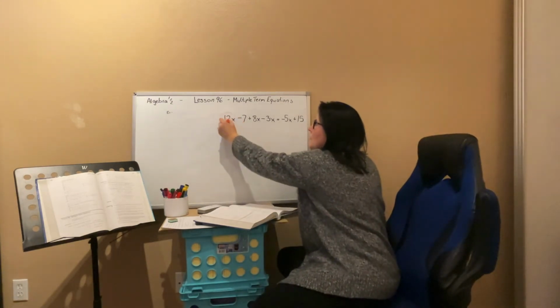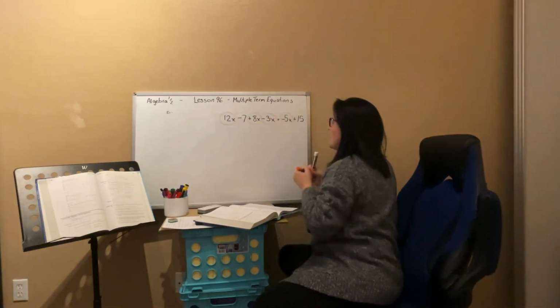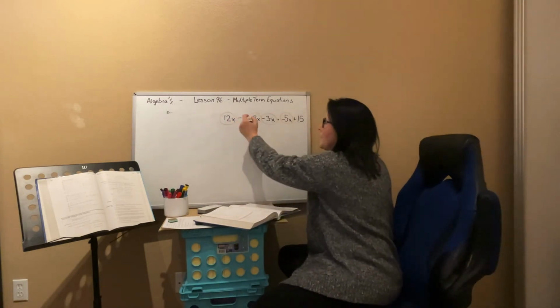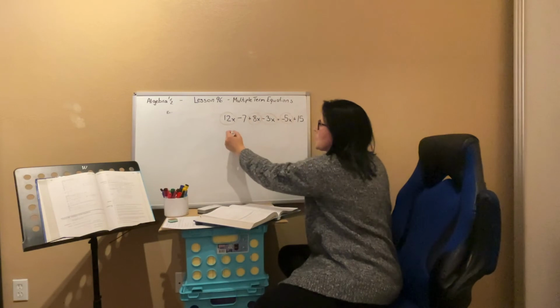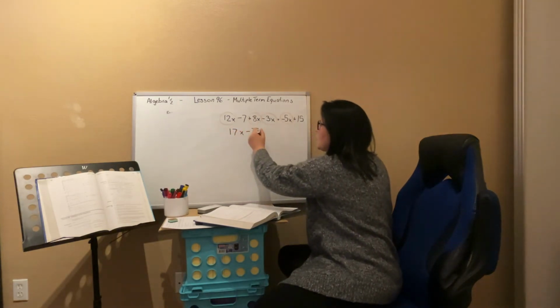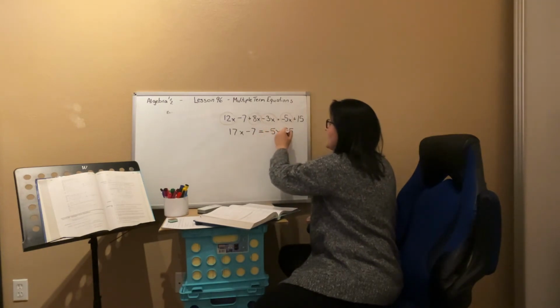So we've got all our x's. And then we've got our numbers. So we have 12x plus 8x makes 20x, minus 3x makes 17x minus 7 equals negative 5x plus 15.